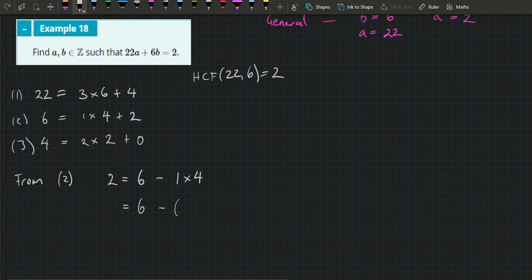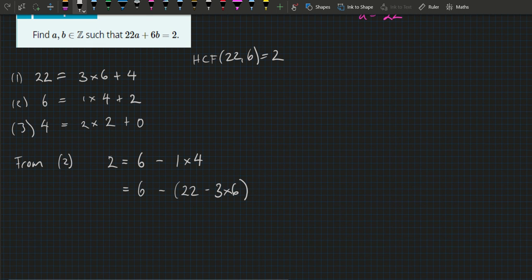So this is equal to 6 minus 1 times (22 minus 3 times 6). And another way of saying 6 is 1 times 6. So now I can subtract, and that will become 4 times 6 minus 1 times 22.